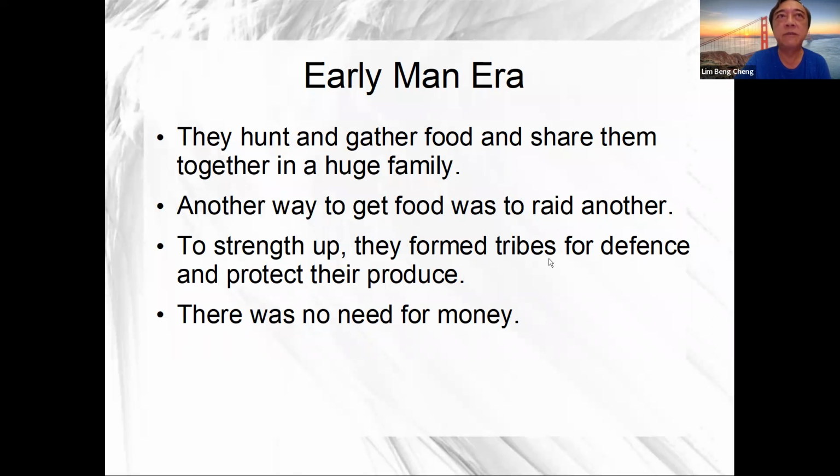They have a better defense or better attack. They can raid other tribes or defend against people attacking them. So they can protect their produce, their people, and everything. In this type of situation, they don't need money.